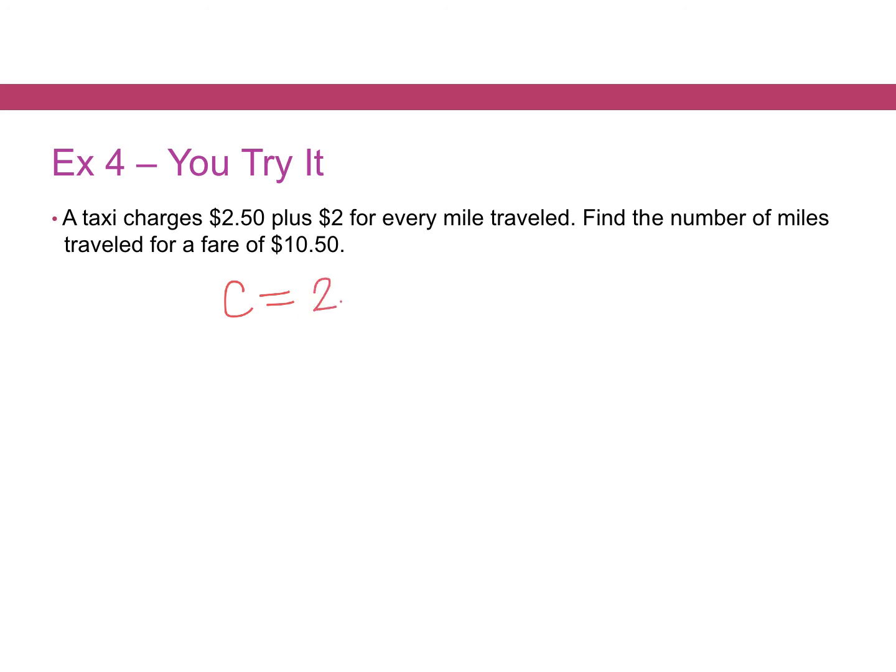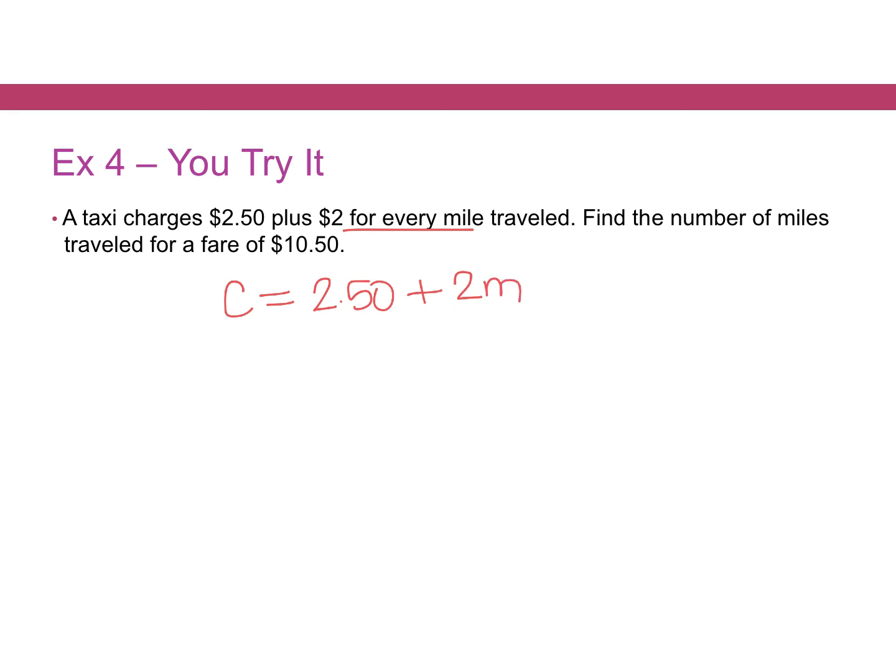So we're going to go $2.50, and then we're going to add that to our charge of $2 for every mile traveled. So I need to put in a variable with this because I don't know how many miles I've traveled yet. But I know I have to pay $2 for every mile. So I'm going to go 2M.